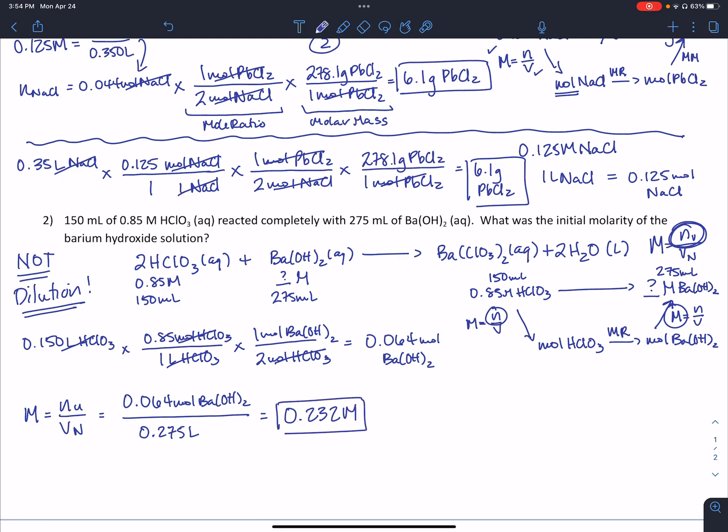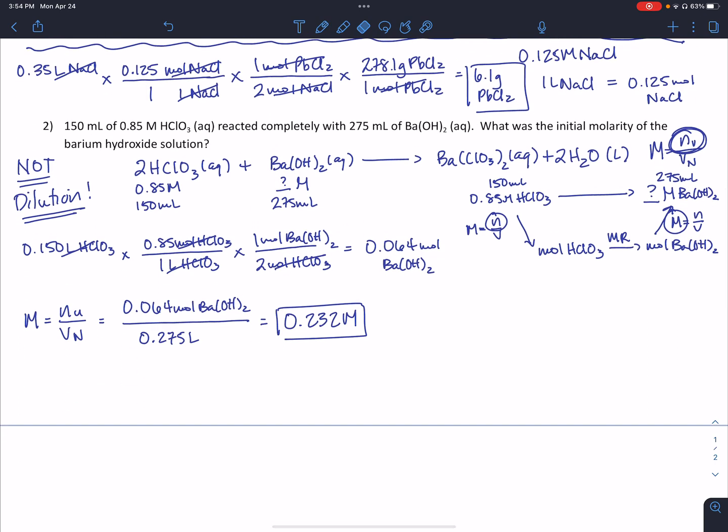Now, the only thing that you could do differently here is this first step right here. Instead of starting with my molarity as a conversion factor, maybe I say, okay, molarity is equal to moles divided by volume.